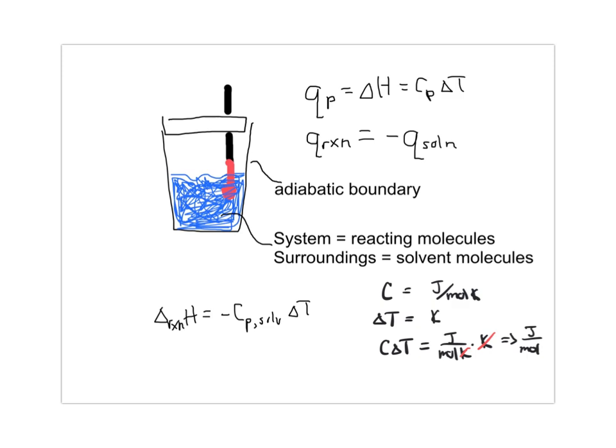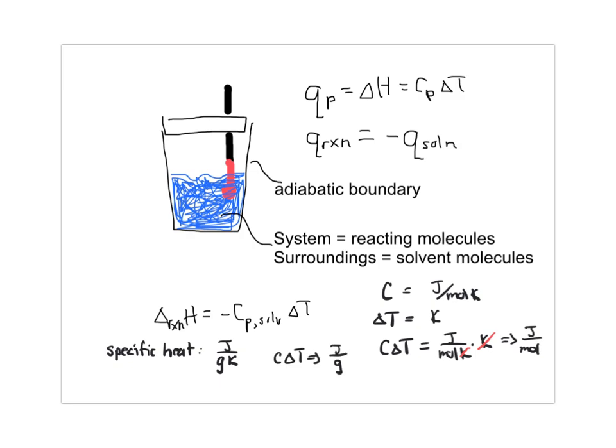If instead of the heat capacity, I use the specific heat, so remember that specific heat has the units of joules per gram Kelvin, then when I multiply the specific heat times the change in temperature, I will get units of joules per gram.